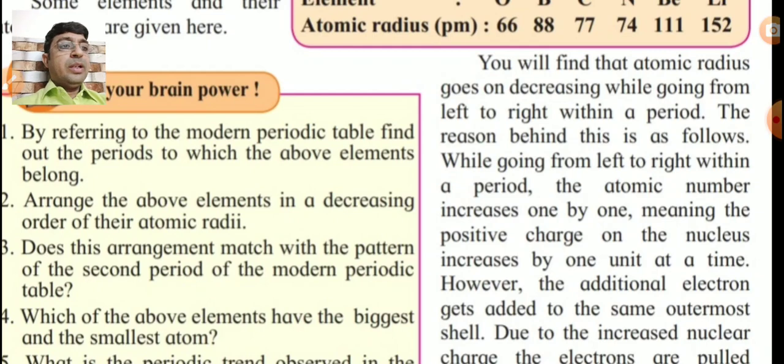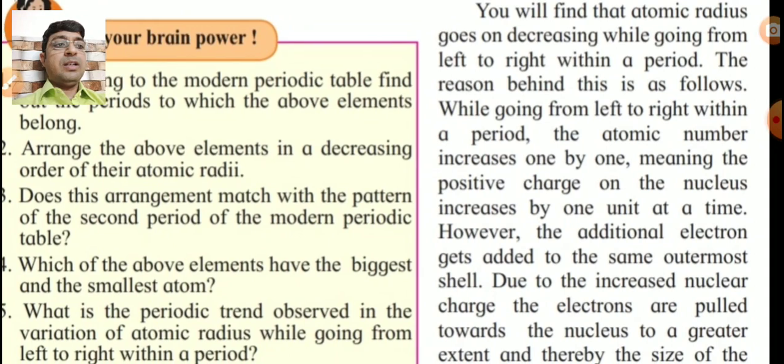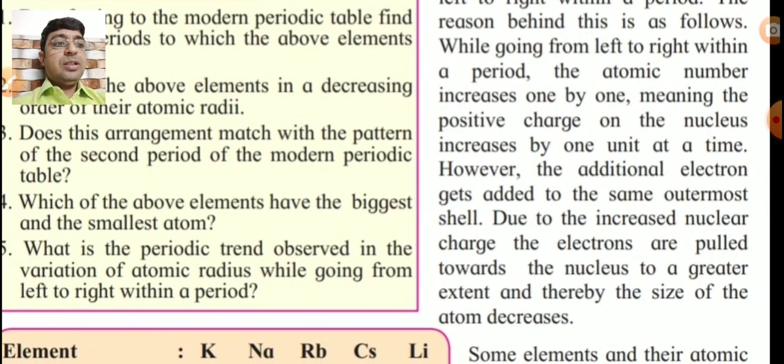While going from left to right within a period, the atomic number increases one by one, meaning the positive charge on the nucleus increases by 1 unit at a time. However, the additional electron gets added to the same outermost shell. Due to the increased nuclear charge, the electrons are pulled towards the nucleus to a greater extent, and thereby the size of the atom decreases.